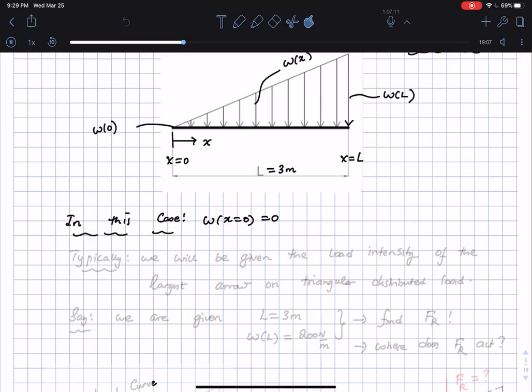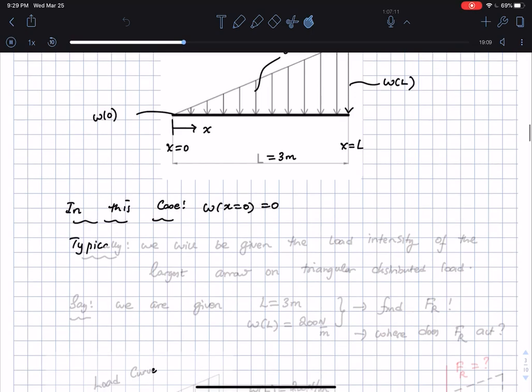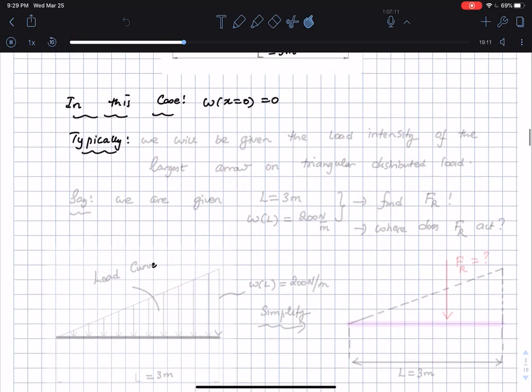Okay, so typically we will be given the load intensity of the largest arrow on the triangular distributed loading.